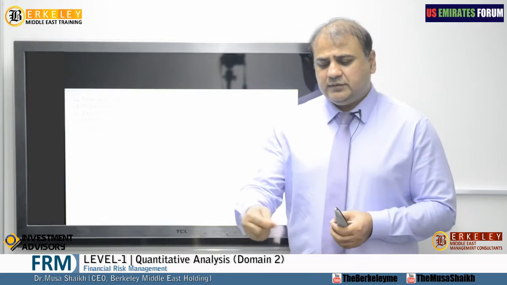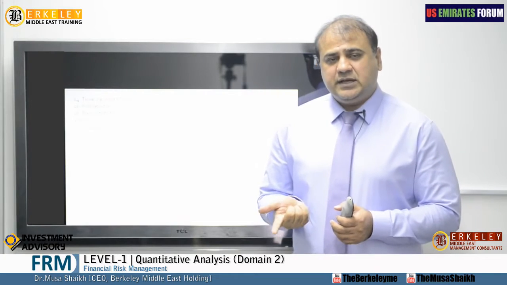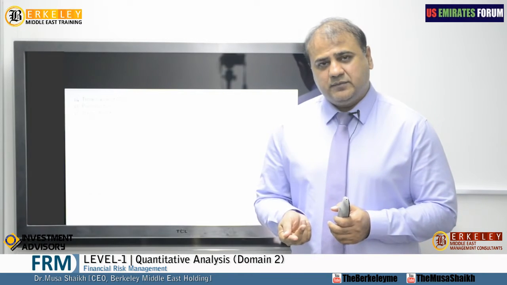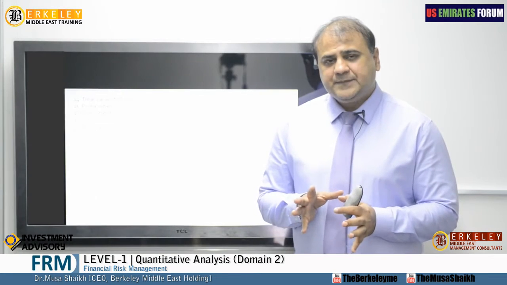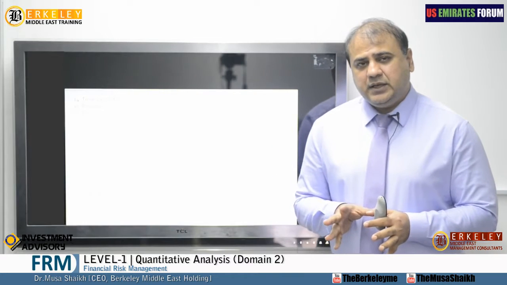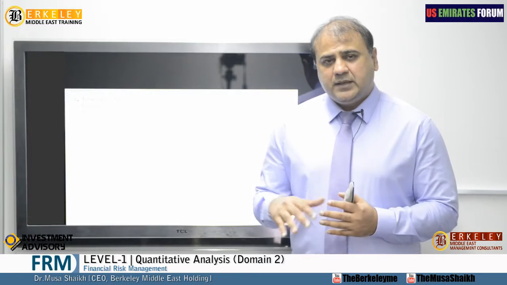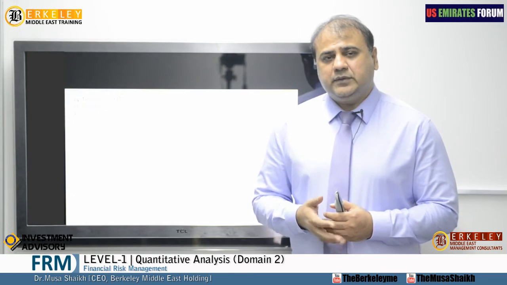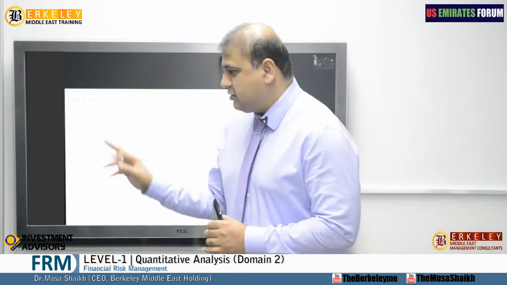Because when we do a toss, we have 50-50 chances that a head will come or a tail will come. So this is the basic in terms of probability of happening, not happening. Then we try to calculate the expected value by multiplying the probability with the amounts. So probability is a really important concept.